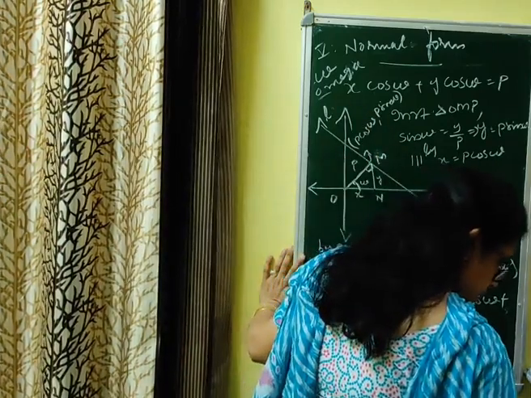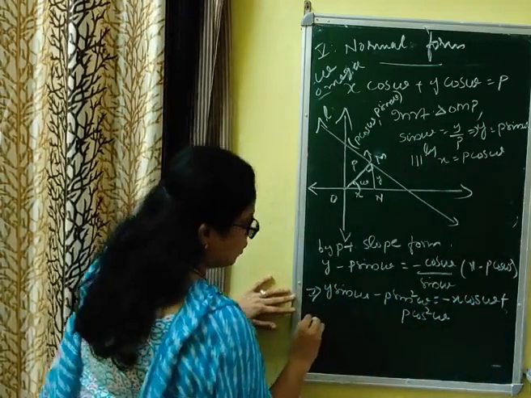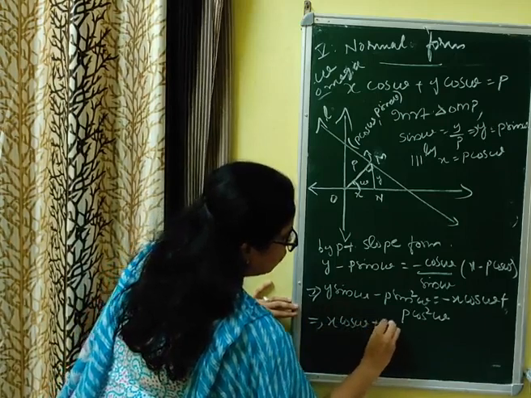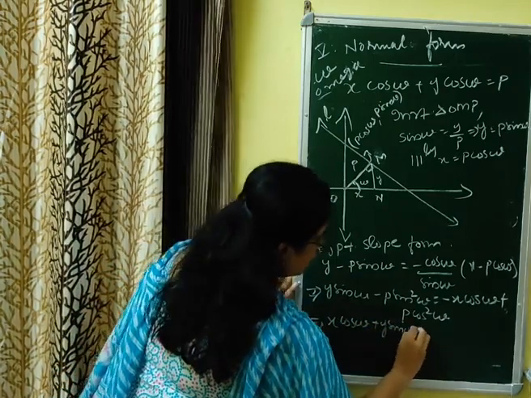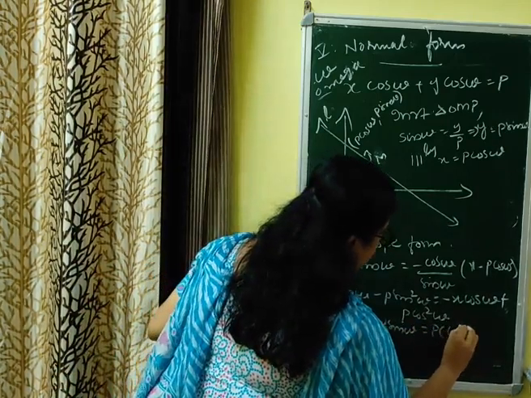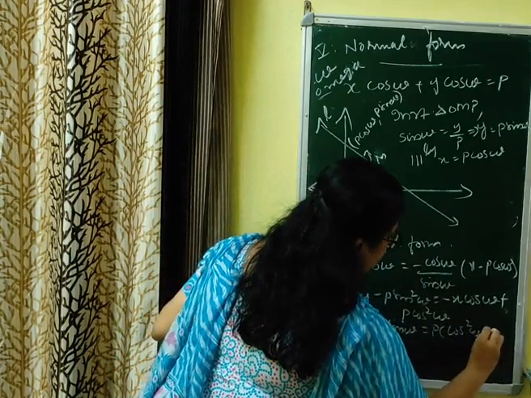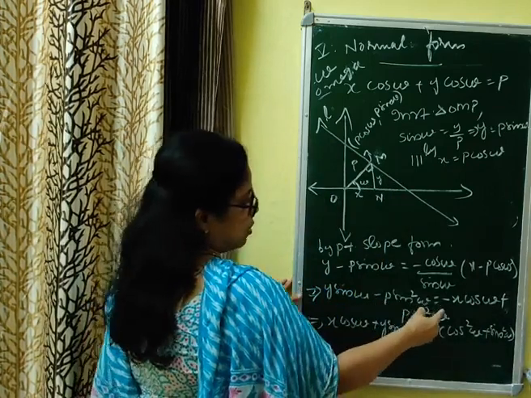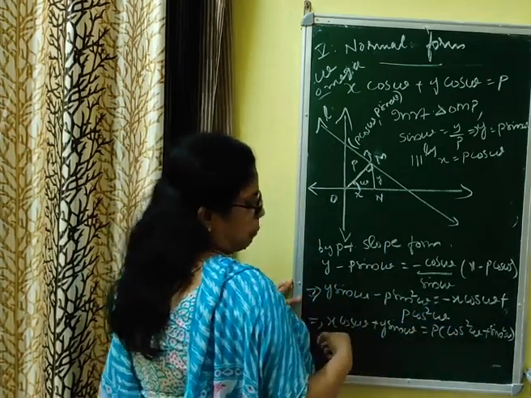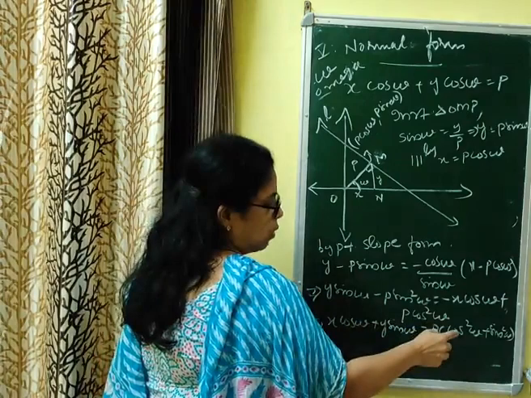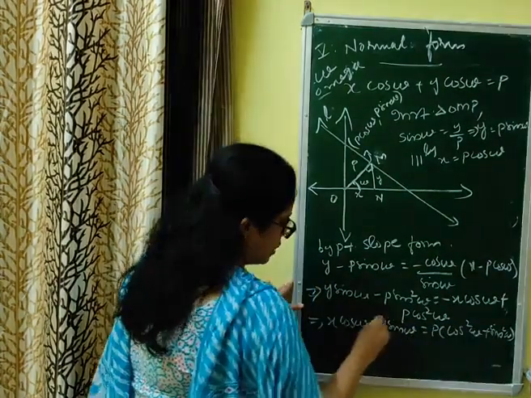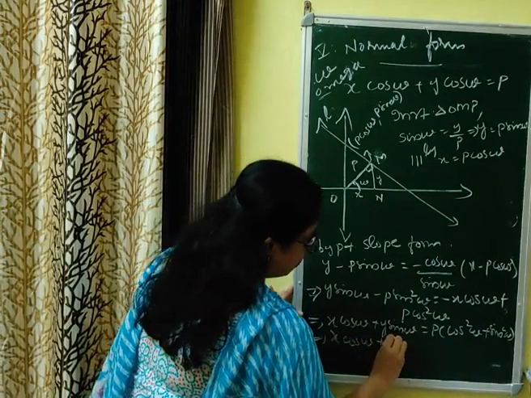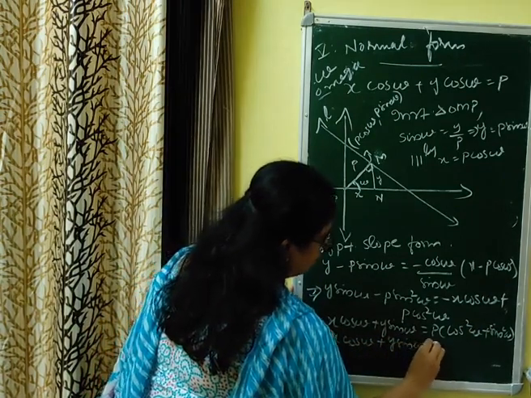That means by rearranging, x cos omega plus y sin omega is equal to p into cos square omega plus sin square omega. See, step minus p sin square omega coming, plus p cos square omega. p is coming common, cos square omega plus sin square omega is 1. That implies x cos omega plus y sin omega equal to p.